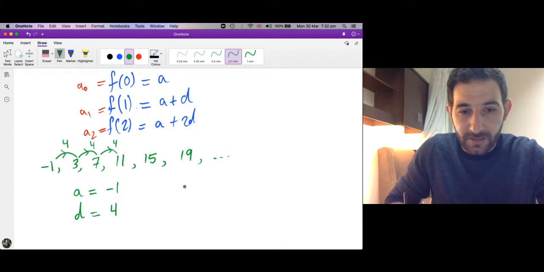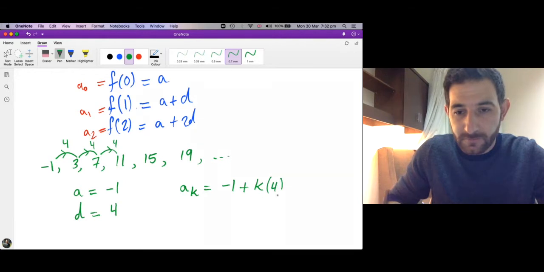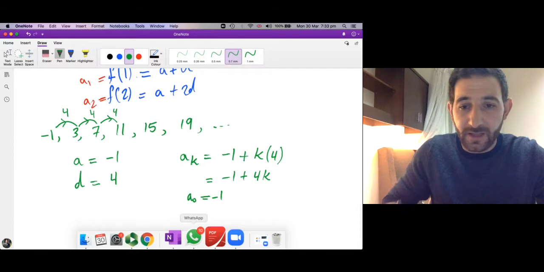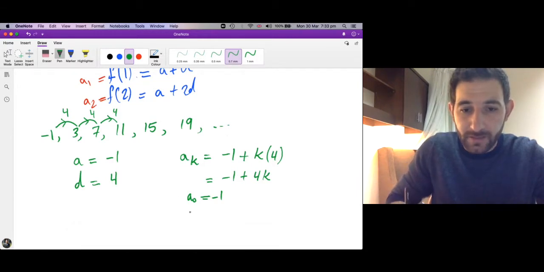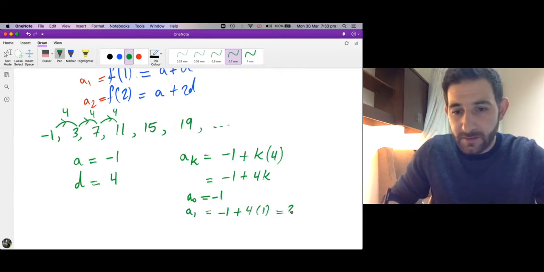And so notice that here ak is equal to a, which is -1, plus k times the common difference, which is 4. So this is -1 plus 4k. Look, when k is 0, we get a0, which is -1. And when k is 1, we get a1, which is -1 plus 4 times 1, and this is 3.